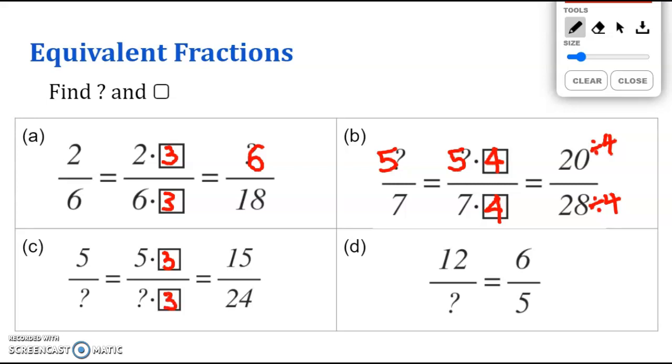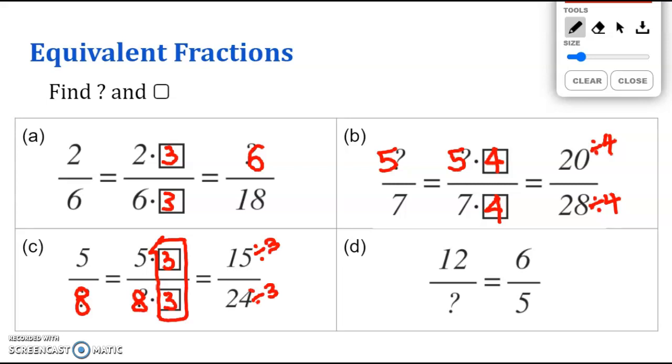What number times 3 is 24? This has to be 8. That means this giant 1 cancels out and you are left with 5 over 8. Another way you could have thought of it was to divide this by 3 and divide this by 3, and you would have gotten 5/8 as well.